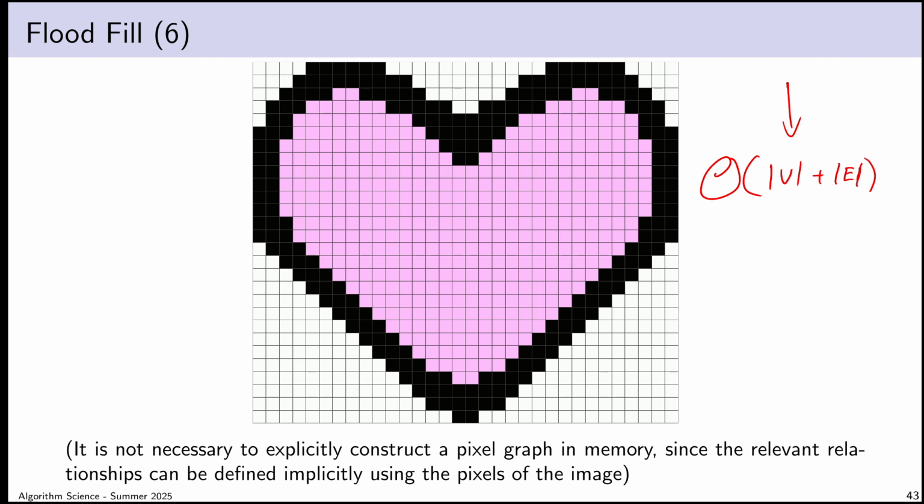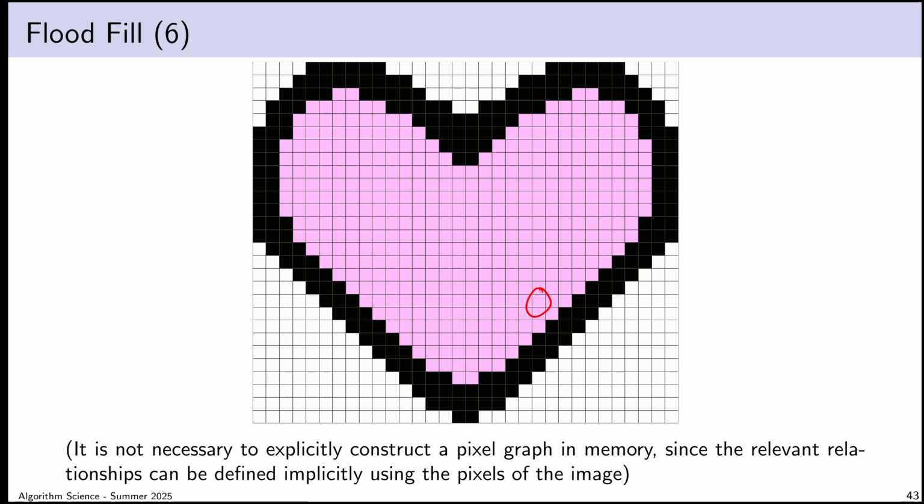But even so, it's worth noting I don't actually have to create the physical graph objects, because I don't need to make a list of neighbors for every vertex explicitly and store it in memory. What I could do instead is view the image as already being a graph. That is, treat every pixel like it's a vertex to begin with. Don't create a separate vertex object, just treat a particular set of coordinates in the image like it's a vertex.